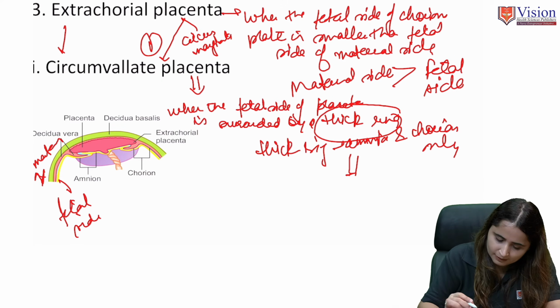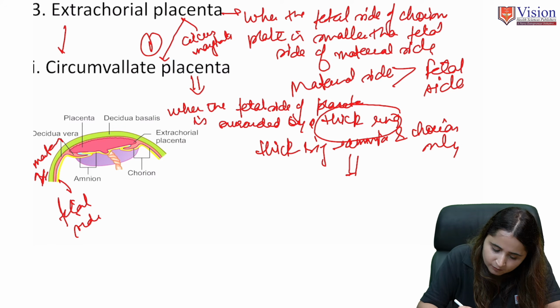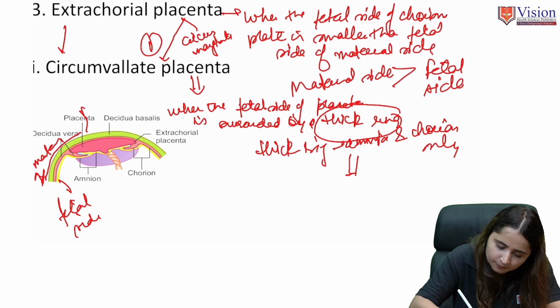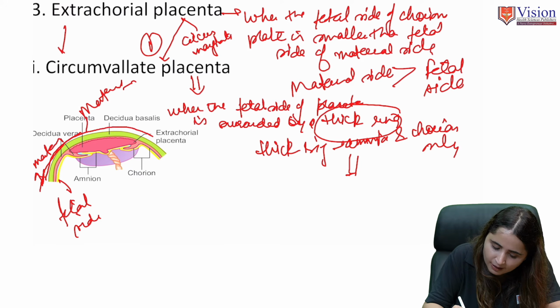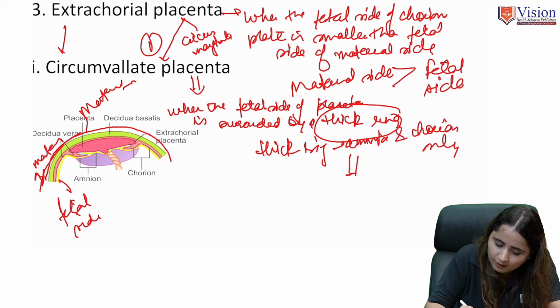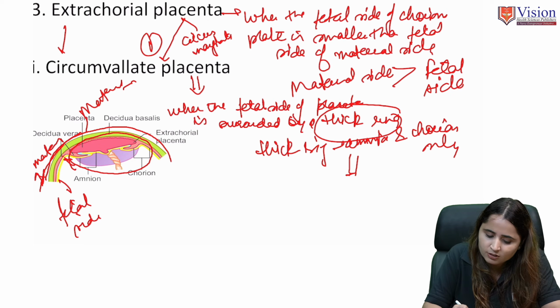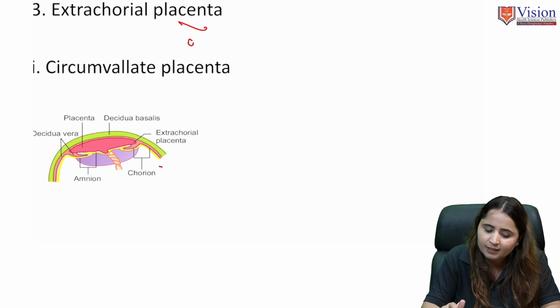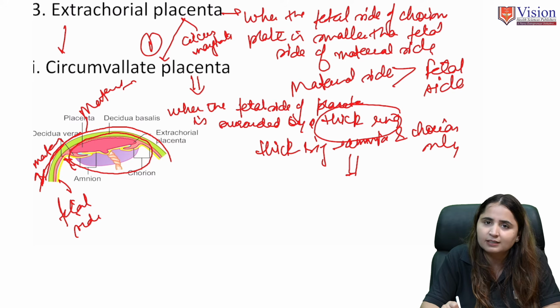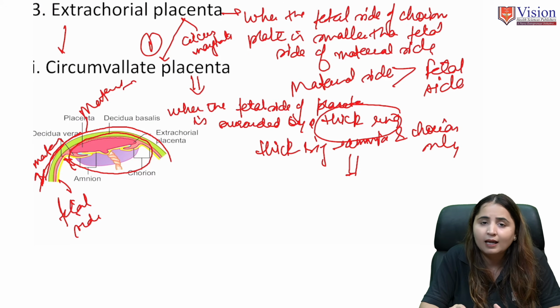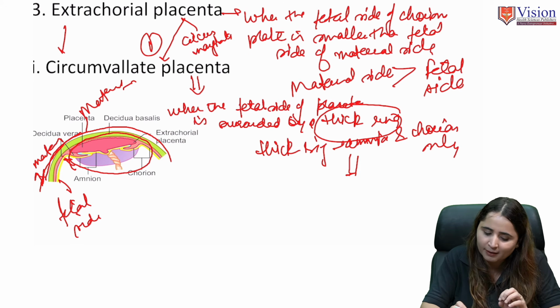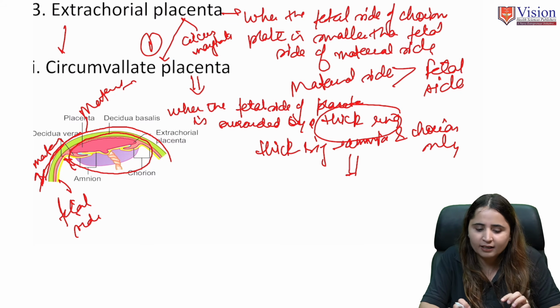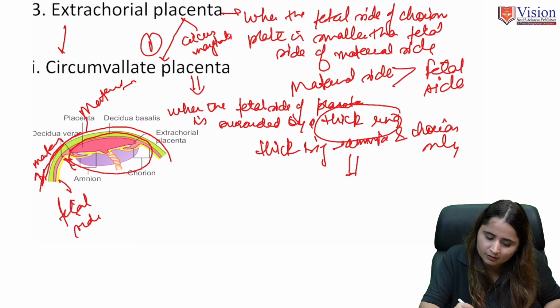So normally what happens is, see, this is our maternal side and this is the fetal side. The maternal side is expanded as much as you can see in a diagram, but the fetal side is just limited to this side. Usually, the fetal side should expand till the maternal side. इसको maternal side जितना बड़ा होना था, but in this condition the fetal side of the placenta is smaller than the maternal side.